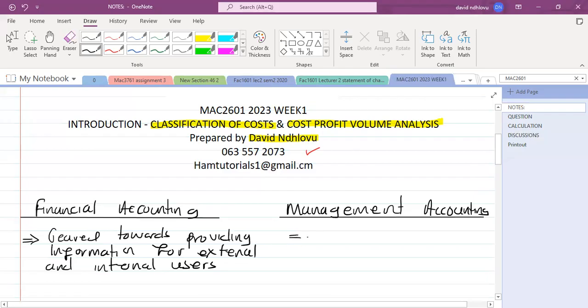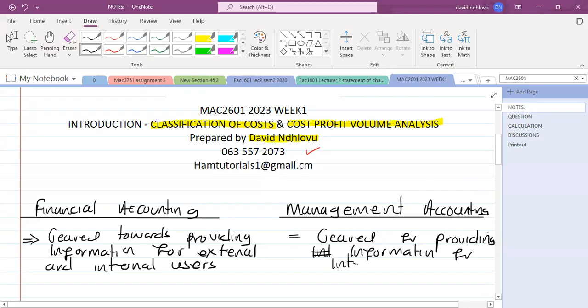And then the management accounting is geared towards providing information for internal purposes.